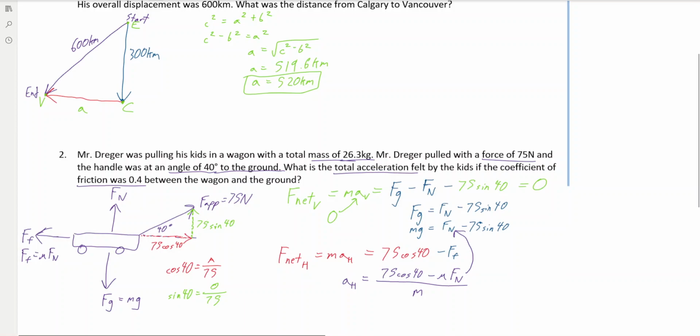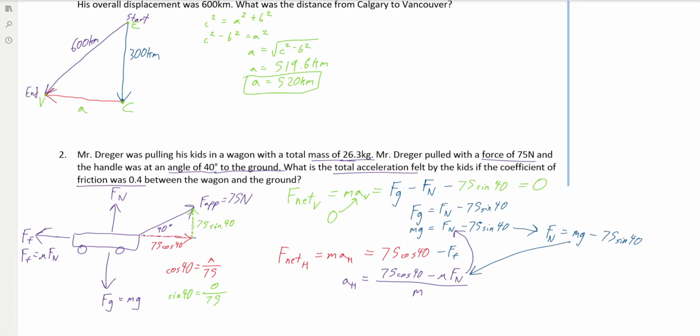Hopefully you see that we have an Fn here. So actually let's solve for Fn in this equation. So that would give us Fn equals, and maybe I shouldn't have moved stuff around until after, Fn equals mg minus 75 sine 40. That means we can use this value as Fn over here.